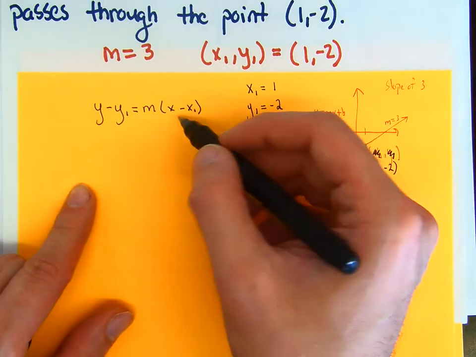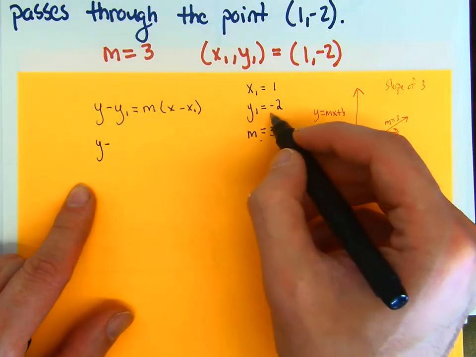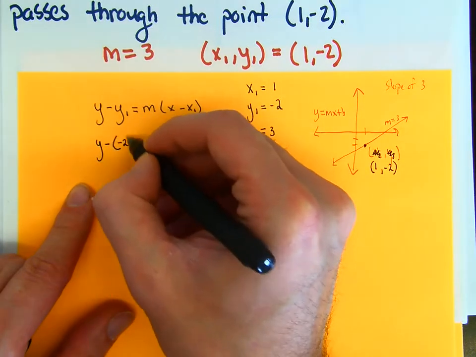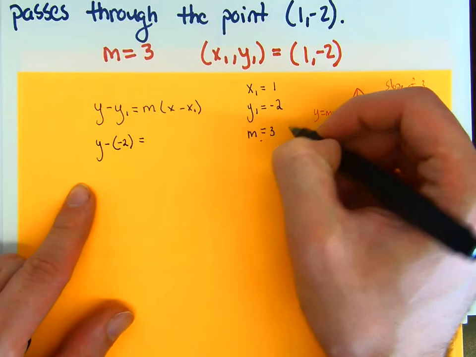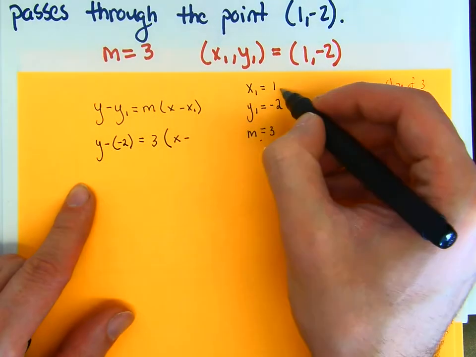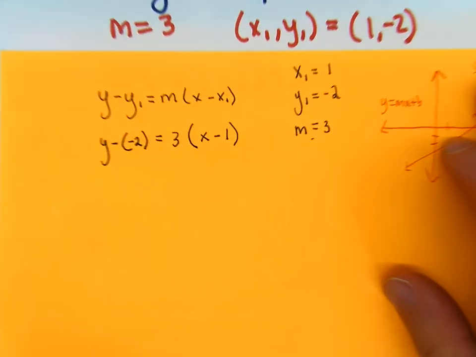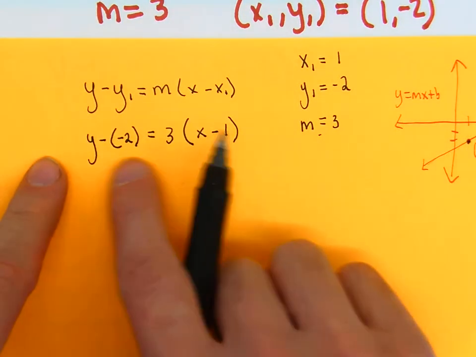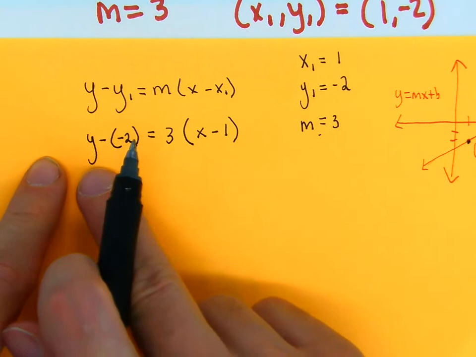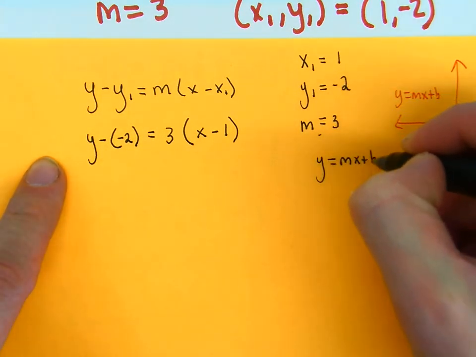So here we just substitute these values in. We have y minus, what is my y sub 1, parentheses negative 2, equals 3 times x minus 1. Now what I would like you to do is pause the video and put this equation in the form y equals mx plus b.